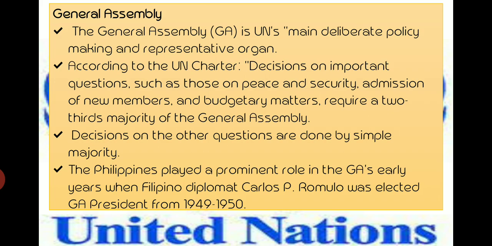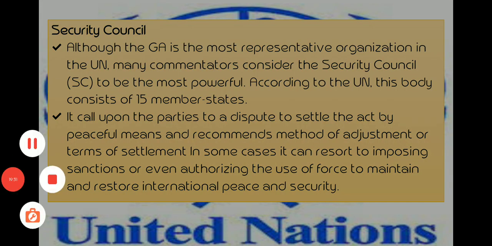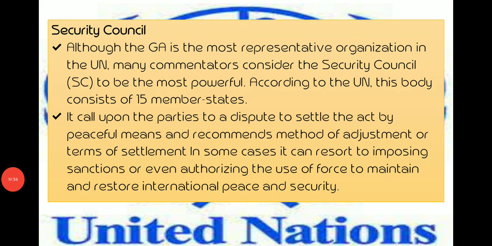So after the General Assembly is the Security Council. Although the General Assembly is the most representative organization in the UN, many commentators consider the Security Council to be the most powerful according to the UN.